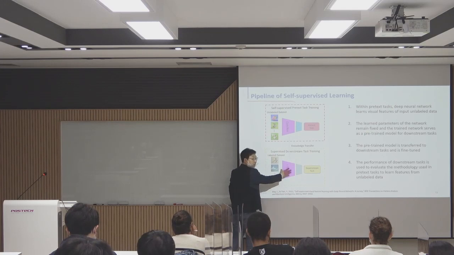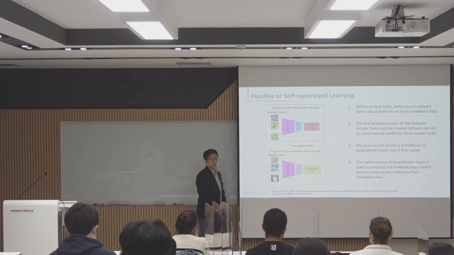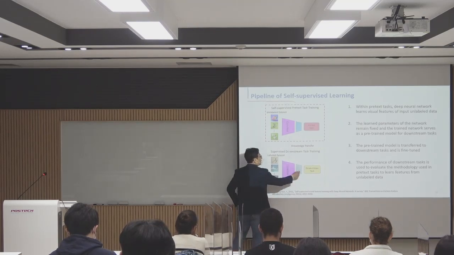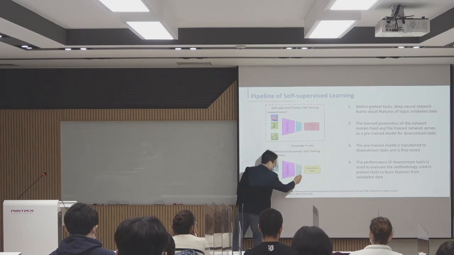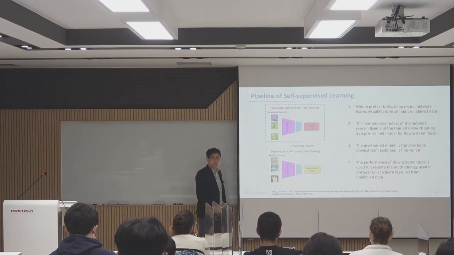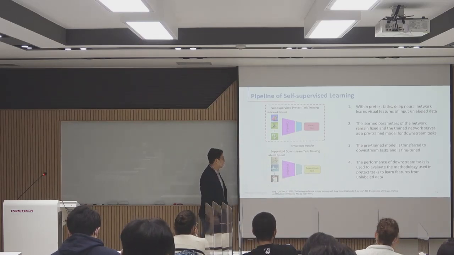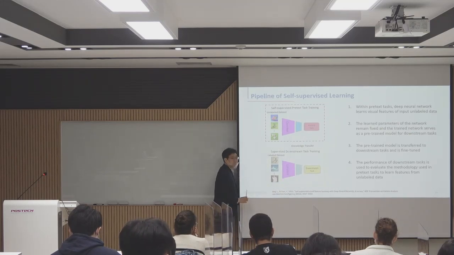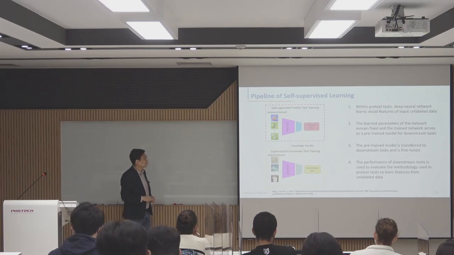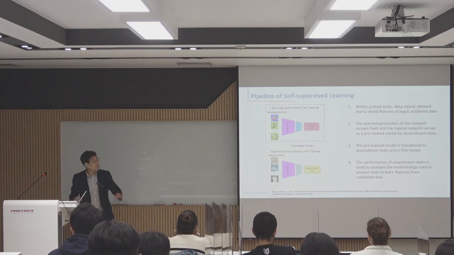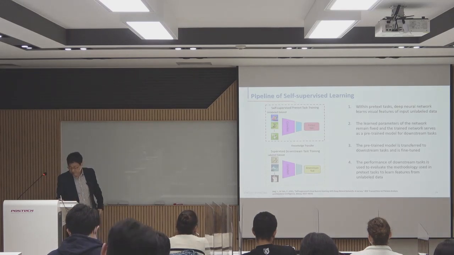So these weights and biases, we can make them fixed, and these are trainable. But in this case, instead of training the entire network, this is the only thing that we need to train. Since we have few parameters that we need to estimate, we don't need the big data set. We might achieve similar performance using a small data set. That's the idea, or the pipeline, of self-supervised learnings.